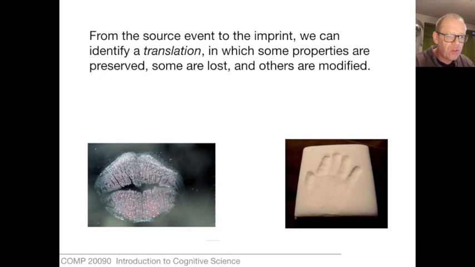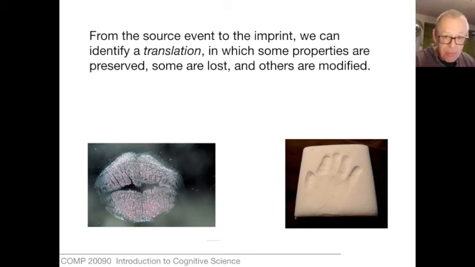So from the source event to this trace or imprint that we have now, there's some process of translation in which some properties are preserved and some are lost and others are modified. So we can distort the clay and that modifies some. There's enough left here so we can tell the nature of the event.